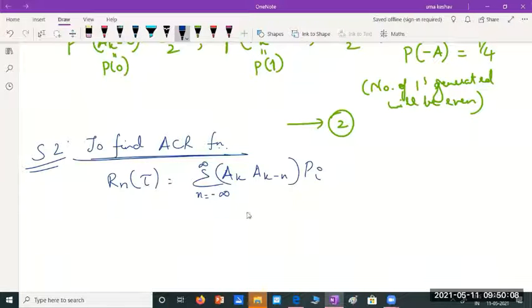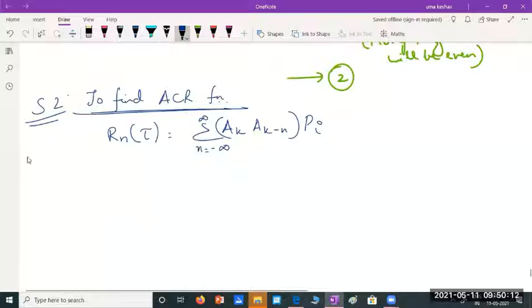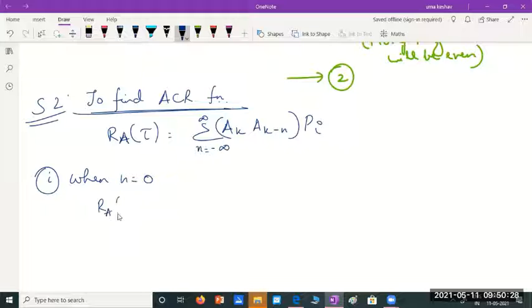This is the definition of the ACR function. Now, as usual, we'll consider the various cases. When n is equal to 0, what happens? I'm going to get RA of 0.